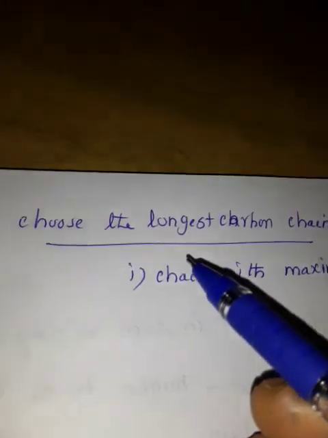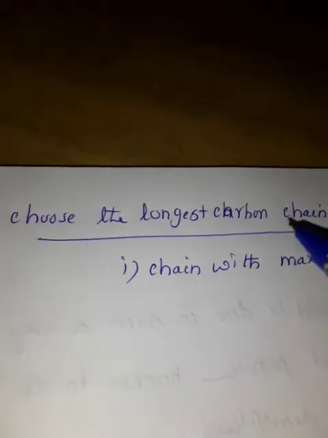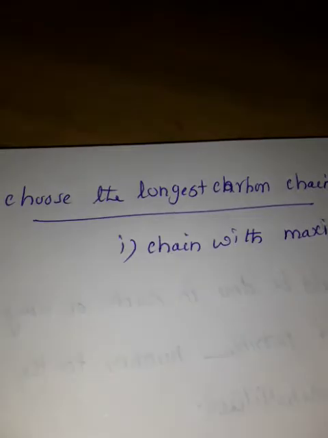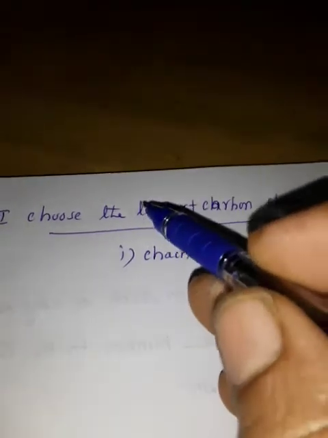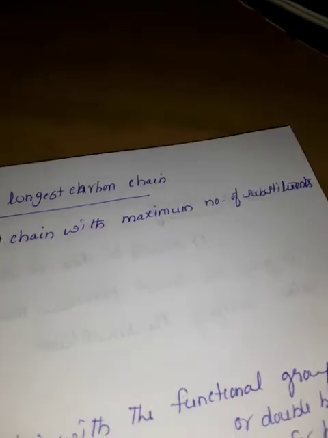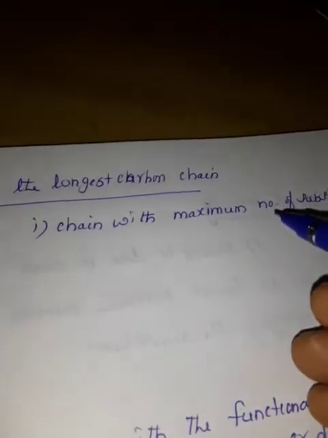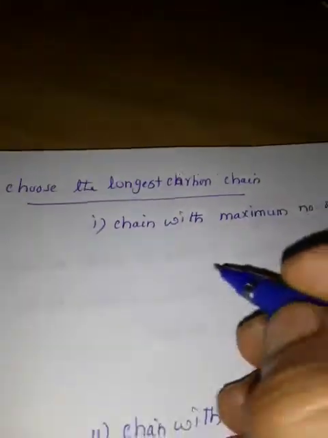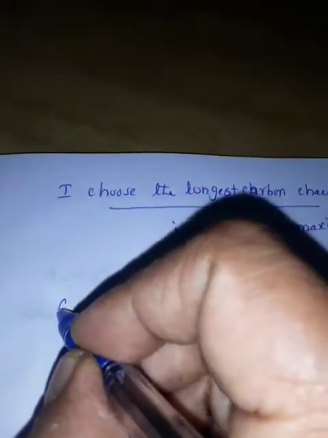First step is choose the longest carbon chain. In selecting, the first subheading is the chain with the maximum number of substituents. Now I'll show an example for the first one. So consider a chain.